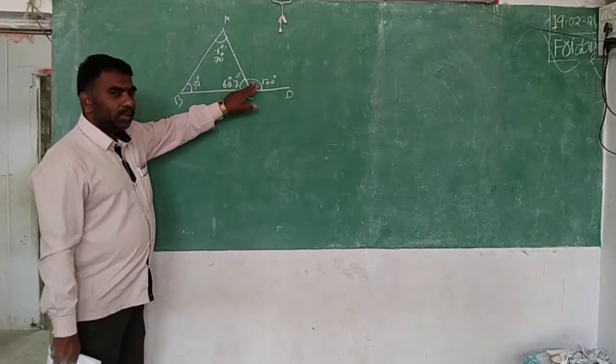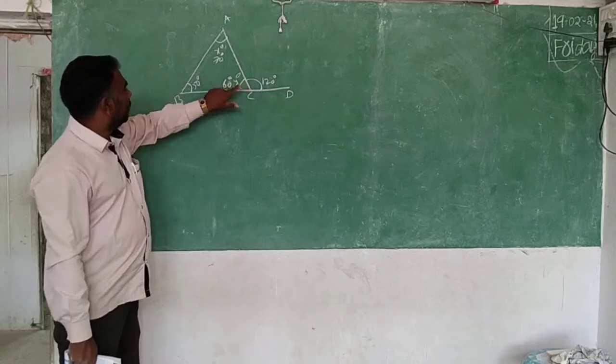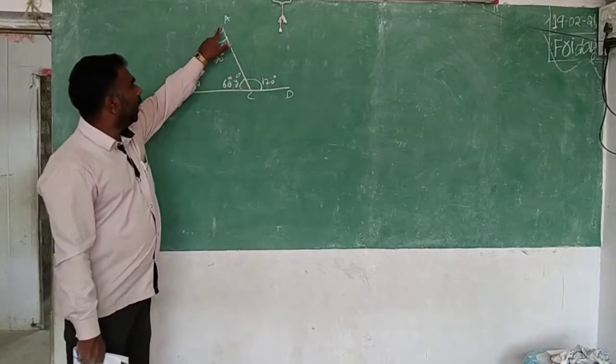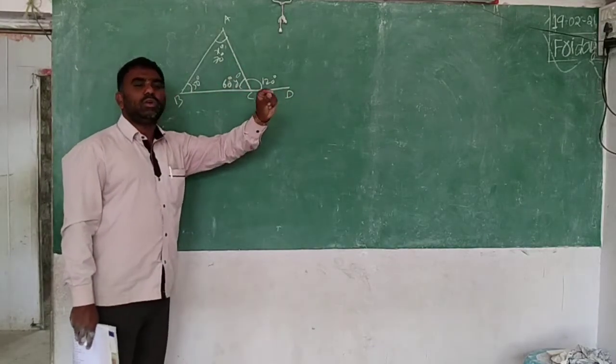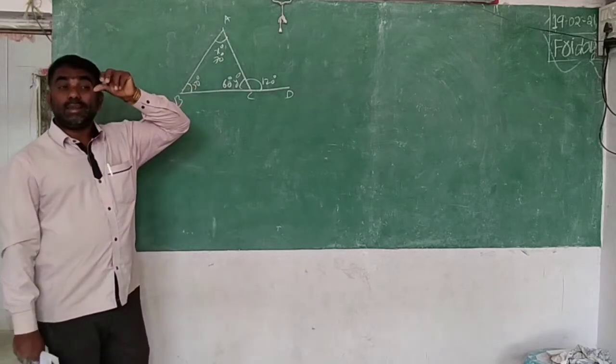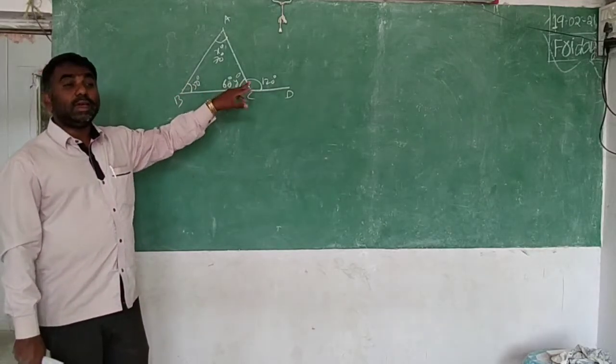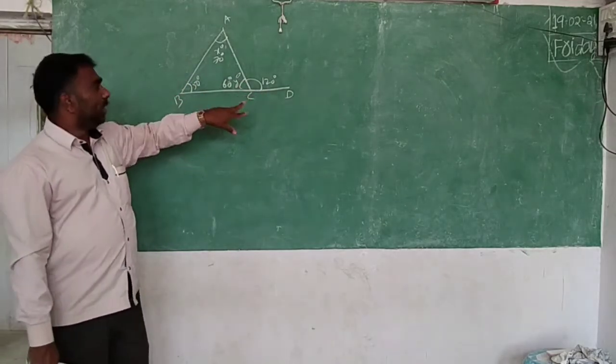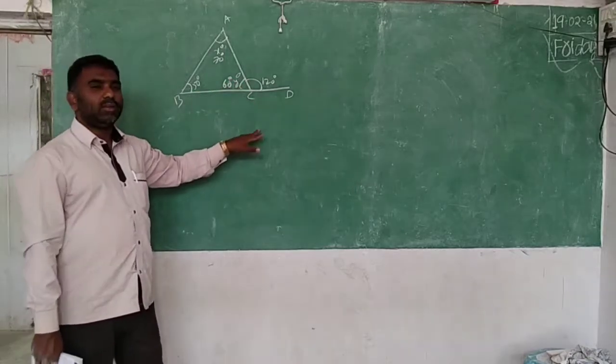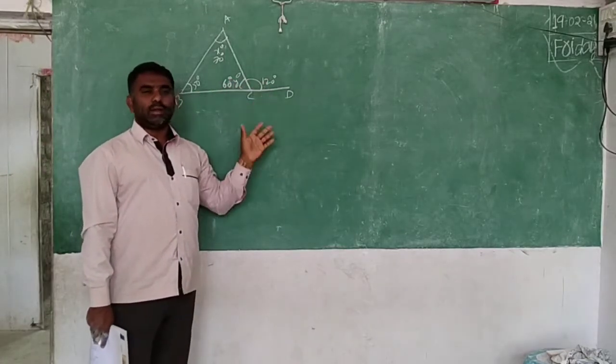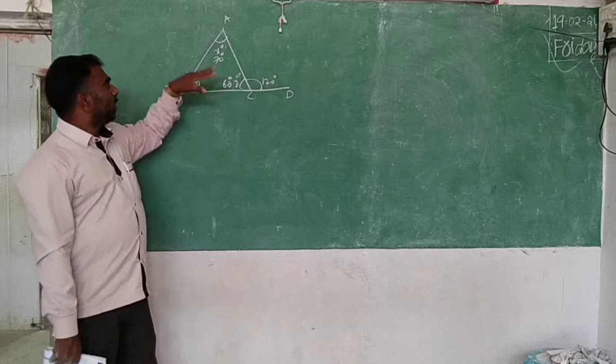How do you write this step, do you know? Angle ACB plus angle ACD is equal to 180. What is the reason? Because of linear pair. So then y plus 120 is equal to 180 by using the linear pair. Then next, what will you write?